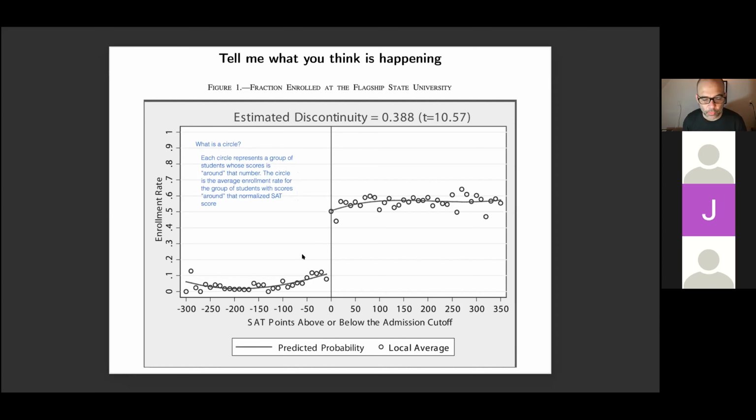Here we see, let's say, for students with a score of negative 25, so a full score of 1175, recentered score of -25, average enrollment rate is just under 10%.